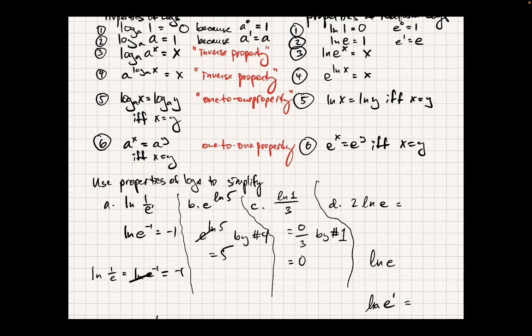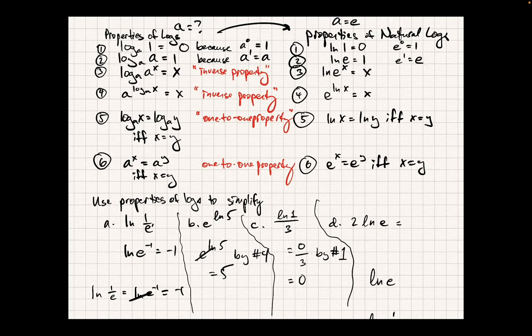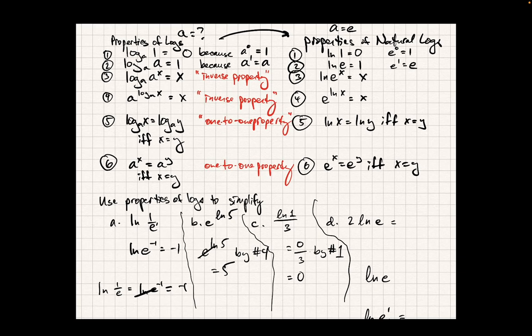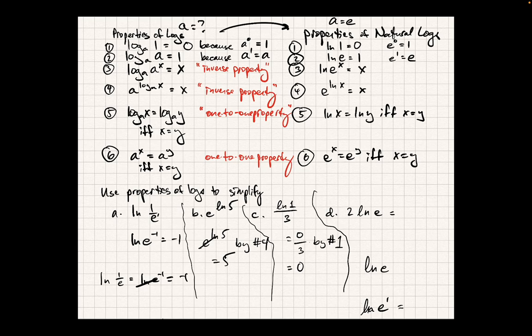It's on the natural logs column, but it's true because it's a property of any log, so it's kind of on both columns. Is it perchance number 5?